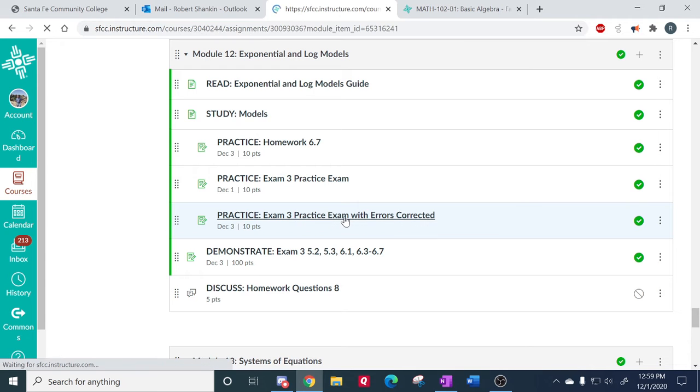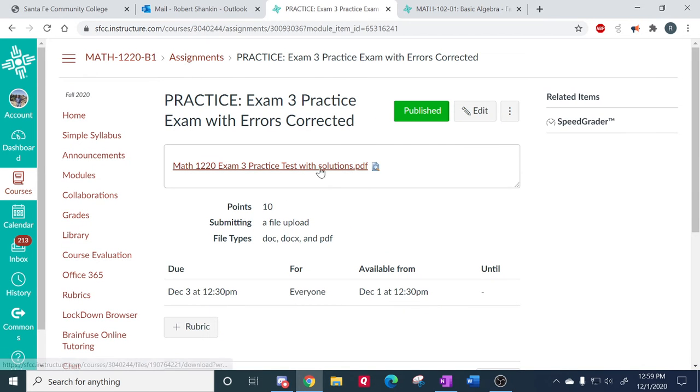If you go to here in the modules, you see that it has the solutions, and on the student version of this page, there's a button for uploading your corrections. So correct your own practice exam, redo the ones you did wrong, and then upload. You only have to upload those ones that you did wrong, or if you upload the whole thing, that's fine, but you only have to upload the ones that you had wrong.